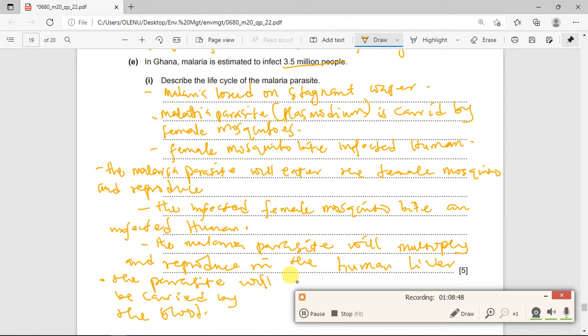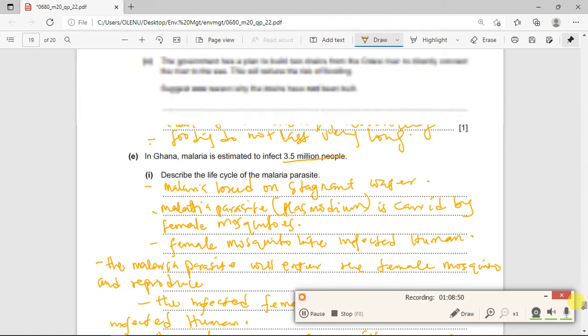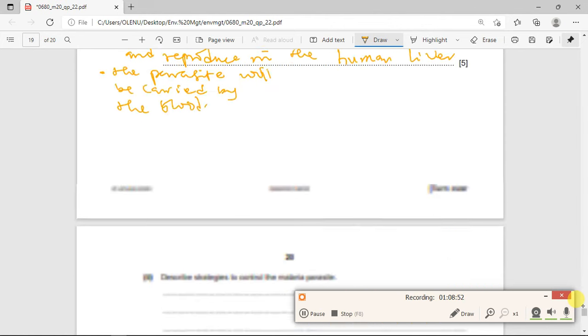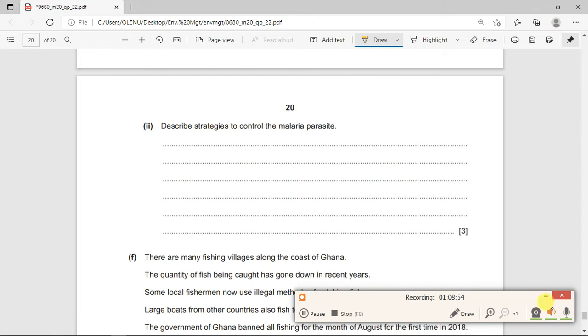Now, the last question, it has been a wonderful ride. It's not even the last question. Describe strategies to control malaria parasite. Now, avoid stagnant water, so that will help the malaria mosquito to stop breeding. So that's page 20.